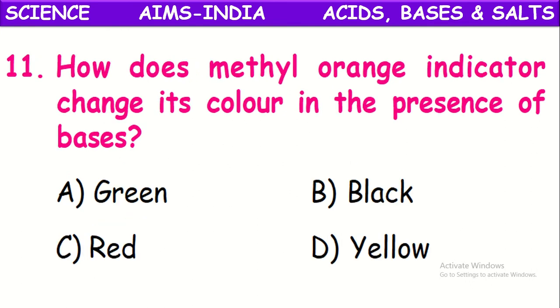If the same methyl orange indicator is added to a base, then its color changes to yellow. When methyl orange indicator is added to base, its color changes to yellow. To the same methyl orange, if acid is added, then it turns red.